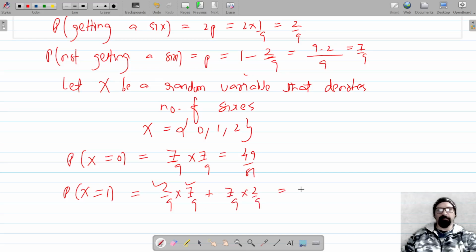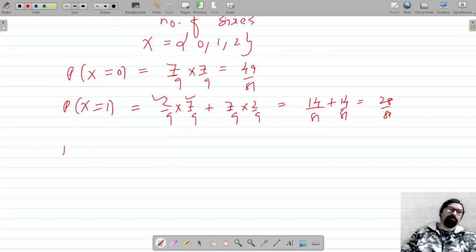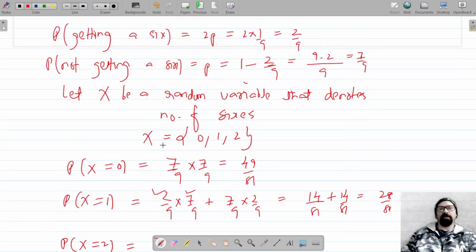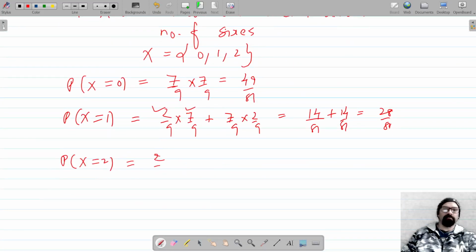So this is two times: 14 by 81 plus 14 by 81, which gives me 28 by 81. Now the probability of getting a 6 on both throws, where getting a 6 is 2 by 9, is 2 by 9 into 2 by 9, which is 4 by 81.